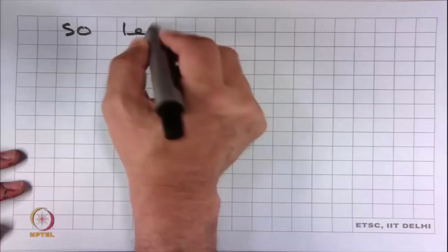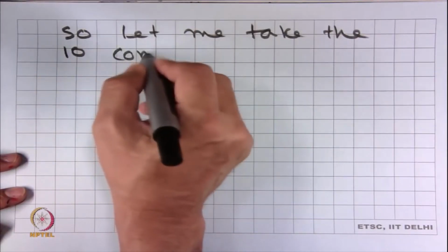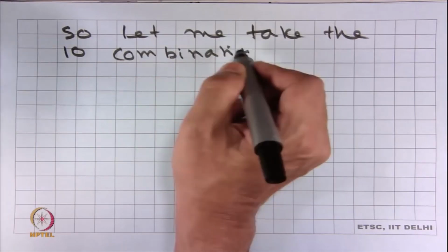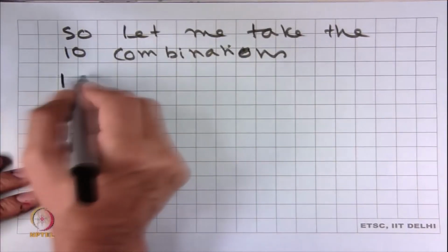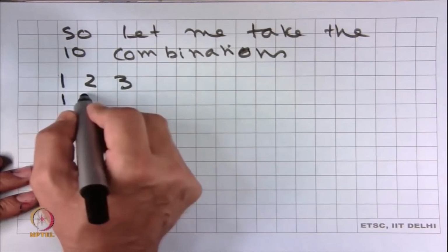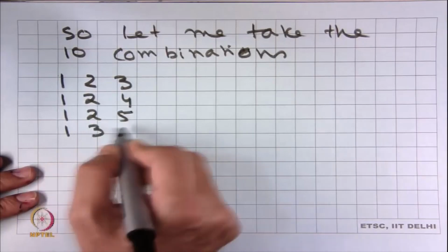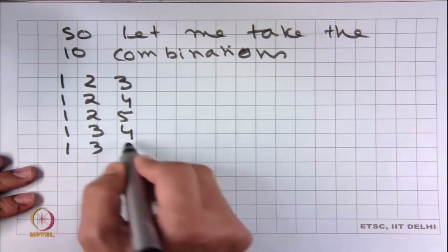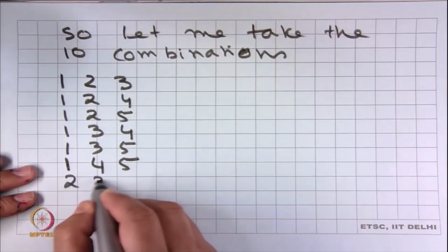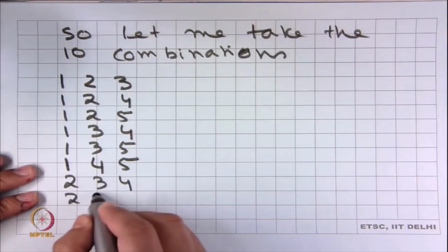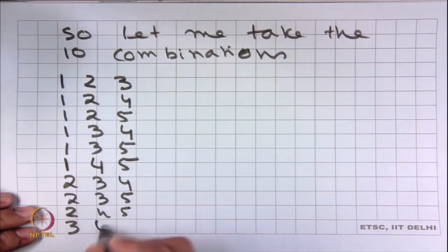So, let us write them. These are 1, 2, 3; 1, 2, 4; 1, 2, 5; 1, 3, 4; 1, 3, 5; 1, 4, 5; 2, 3, 4; 2, 3, 5; 2, 4, 5 and 3, 4, 5.